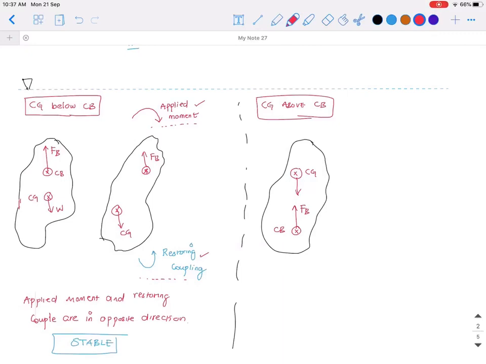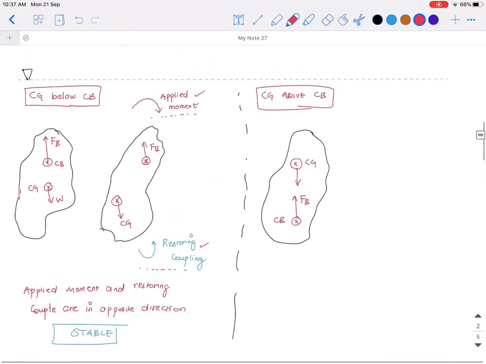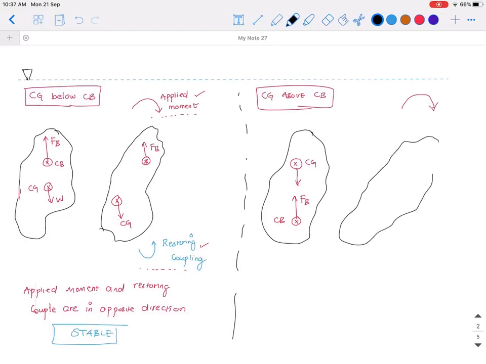Again I am going to apply a moment in this direction. As a result, the body tilts. So this is the applied moment. Now you see that the weight is here and the center of buoyancy here.